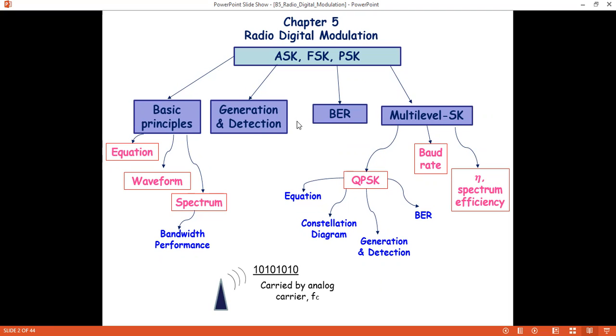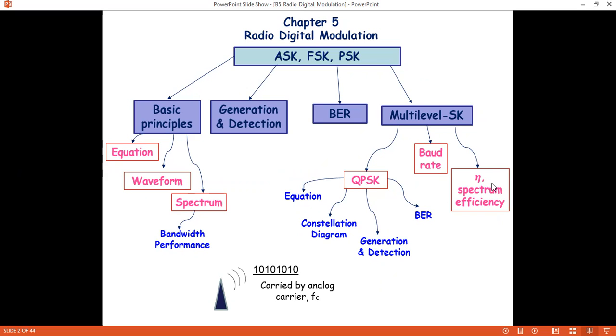Okay, and then we focus on multi-level shift keying technique, especially we look at the QPSK. So we know that within QPSK, the difference between neighboring bits is 90 degrees. So we have the general equation to represent the QPSK signal, constellation diagram, and bit error performance of QPSK, which is similar to BPSK.